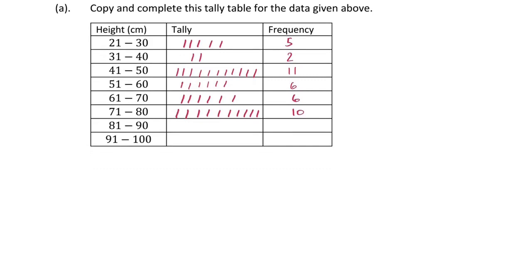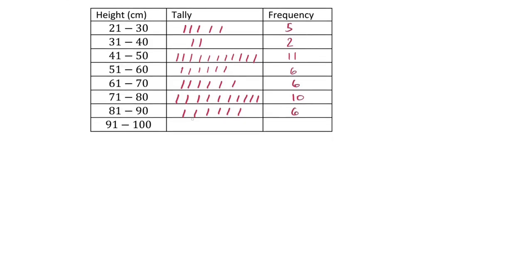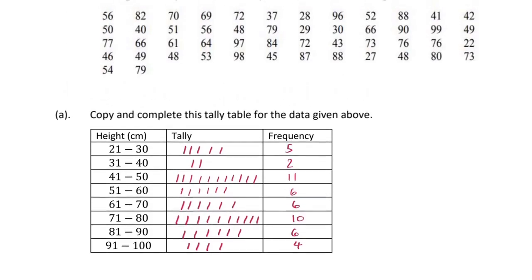Our next class is 81 to 90. The tallies are 1, 2, 3, 4, 5, 6, and the frequency is 6. And our final class is 91 to 100, and the tallies are 1, 2, 3, 4, and the frequency is 4. Then this is the table required.